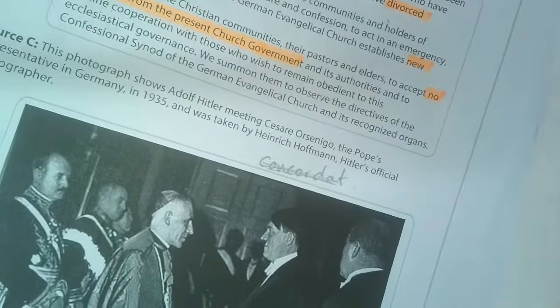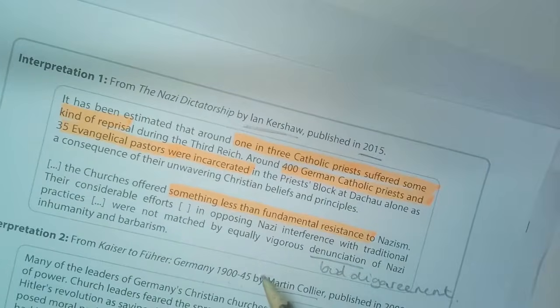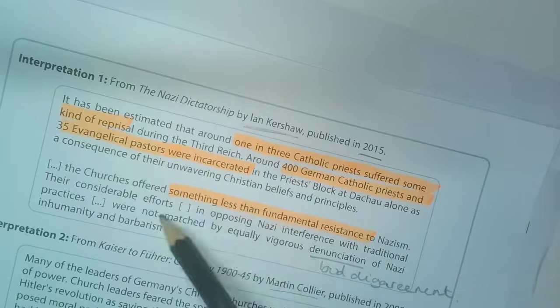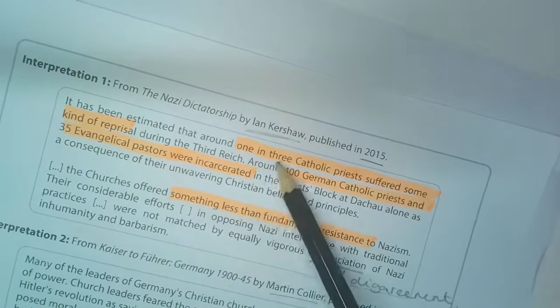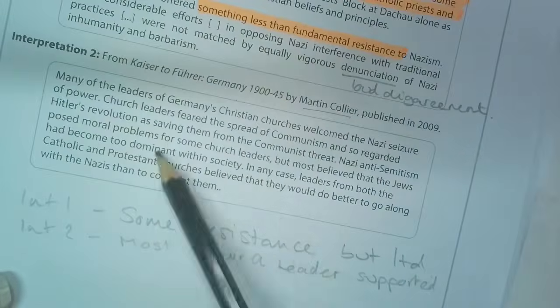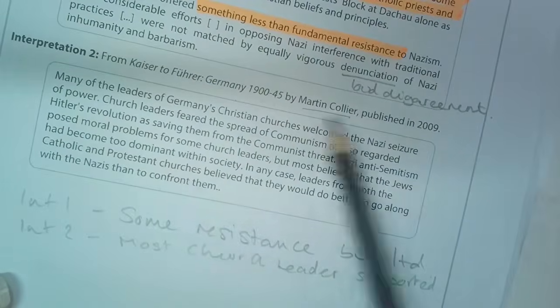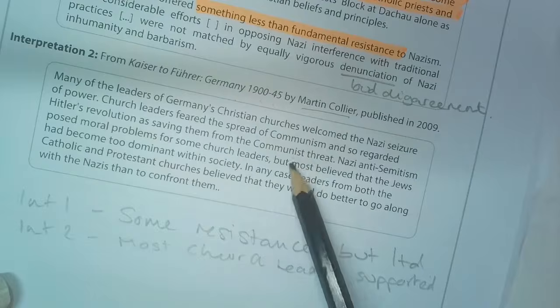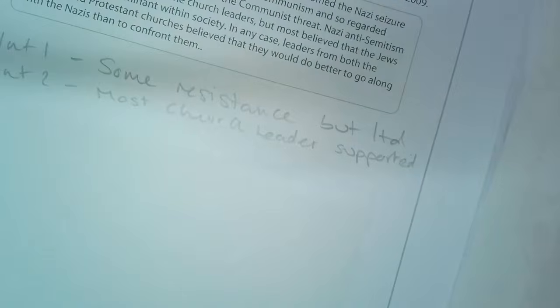You see, they're very carefully building us up to this. Then they've given us a historian's judgment that actually there was resistance, but it was somewhat limited. Then they've given us a judgment that most church leaders supported it. So they've built us up to the point where we're now going to answer this question.